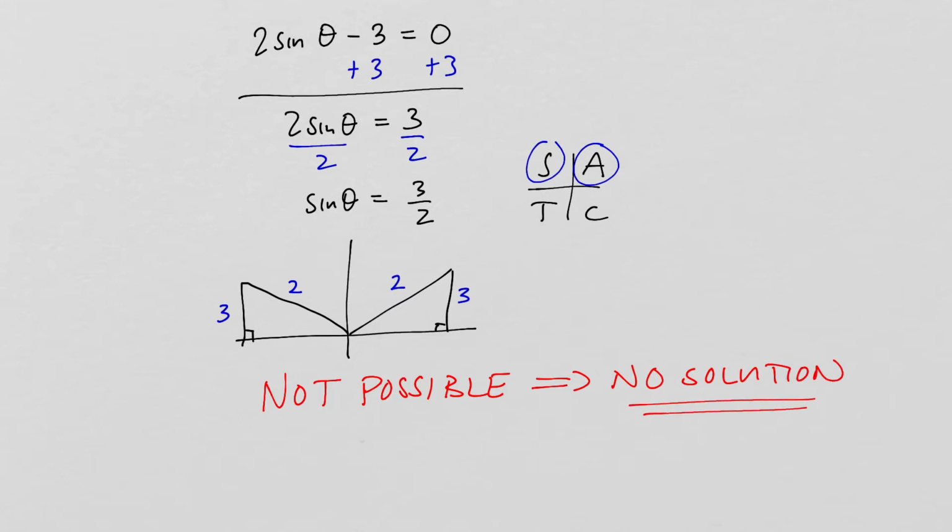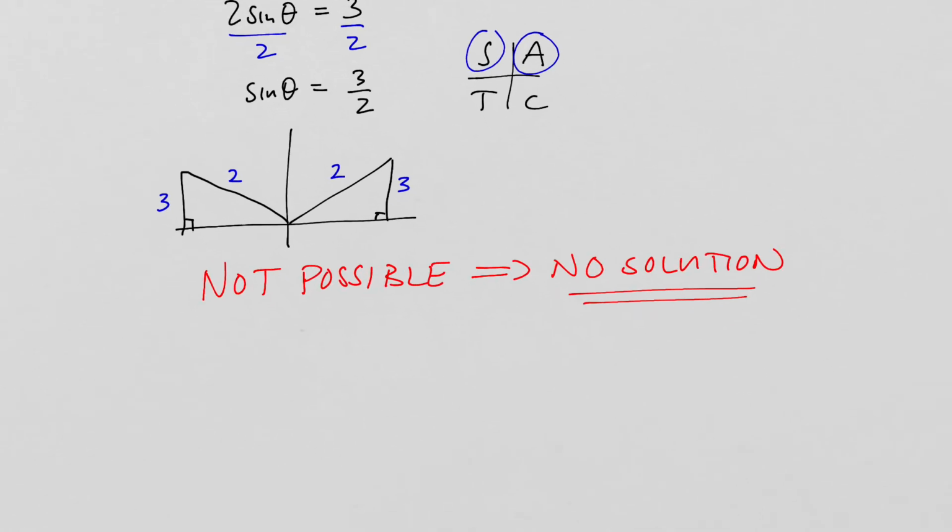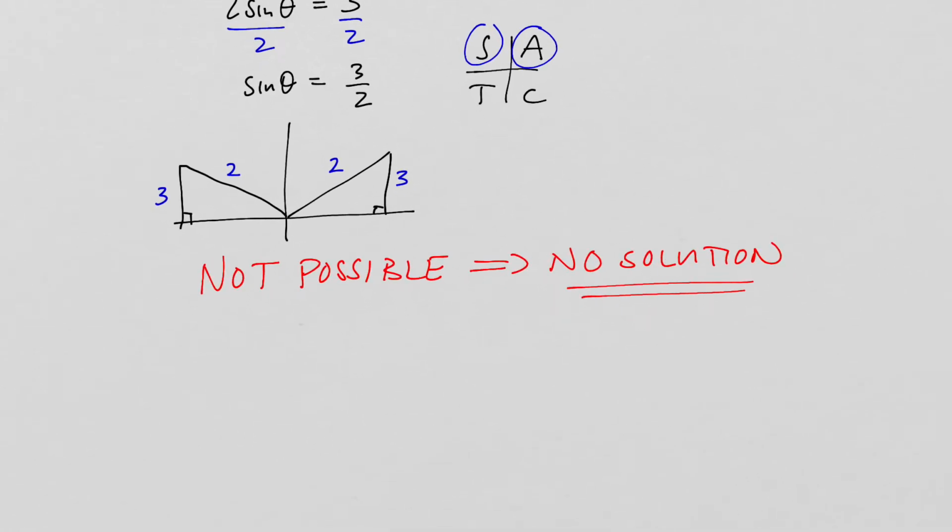Now, suppose you don't see this and you still want to try to find this angle. It's possible that you may not recognize that we have a problem. What you would do is you would try to find the reference angle theta hat. And you would do this by saying sine of theta hat is equal to 3 over 2. And that means that theta hat would be the inverse sine of 3 over 2.